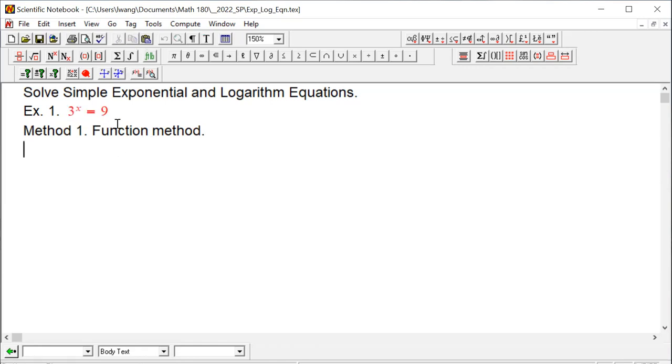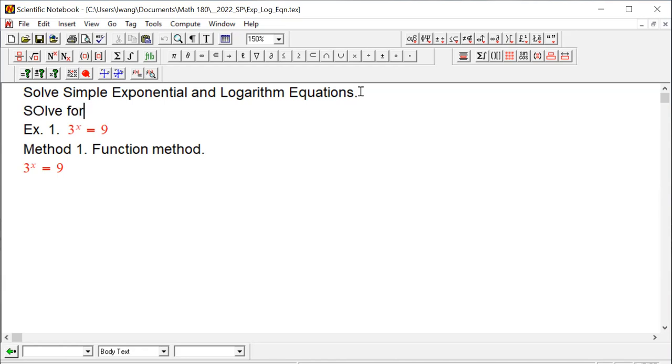What is the meaning of this equation? We're solving for x. What does it mean? Well, it means we don't know the input, and the input is applied a rule.